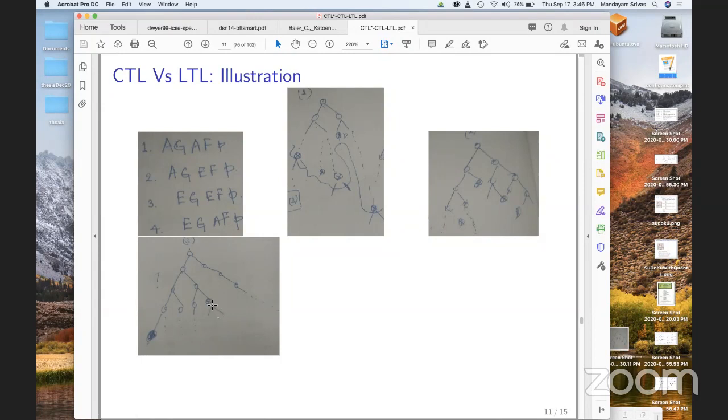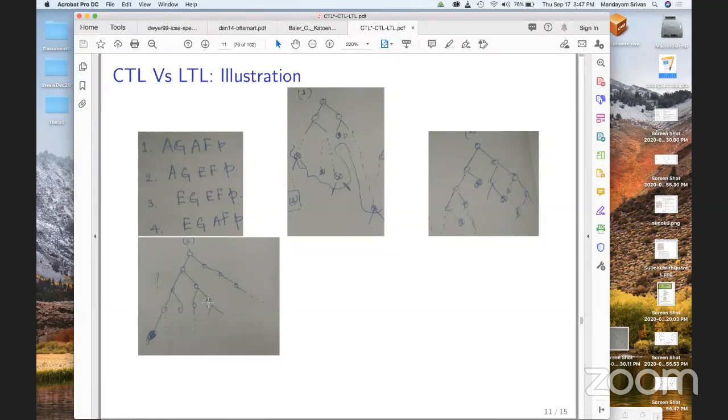I have only one cross here because, as you can see, it is good enough to have this, because this path that I'm moving my cursor on is certainly a path in which that property holds good, because what it requires is that from each of those states on that path, there must be a path on which eventually P holds good.